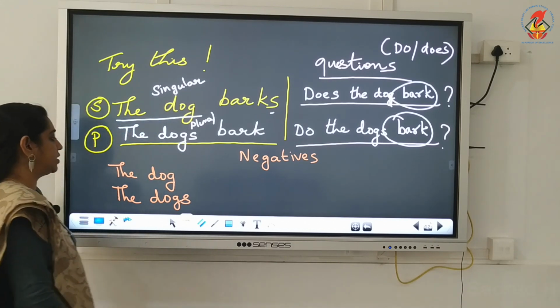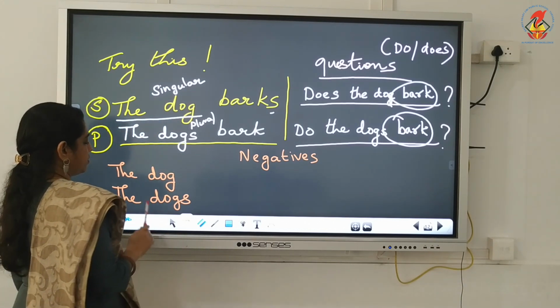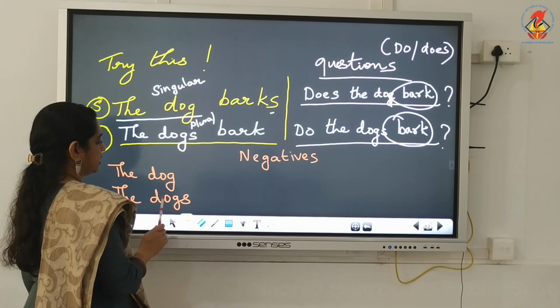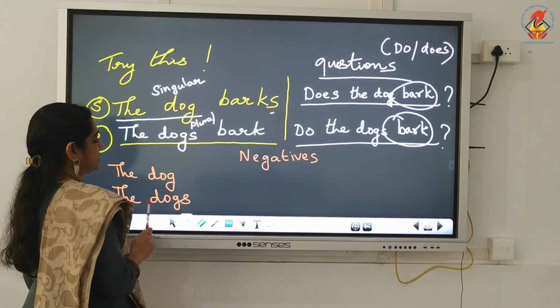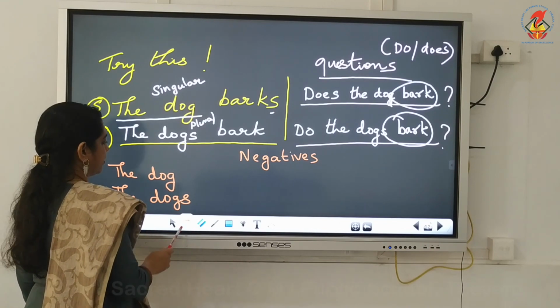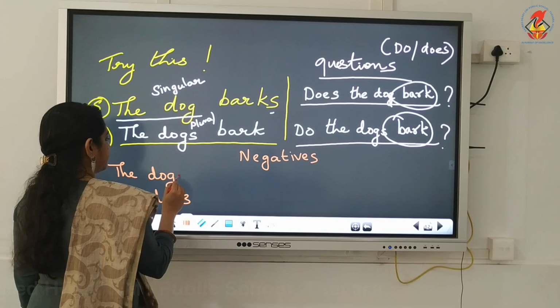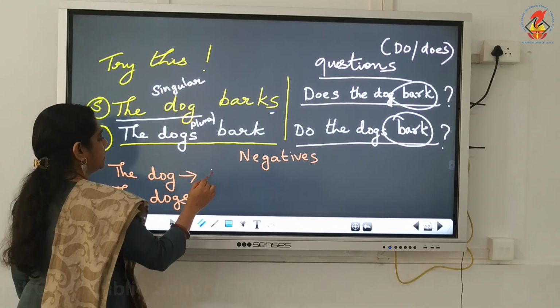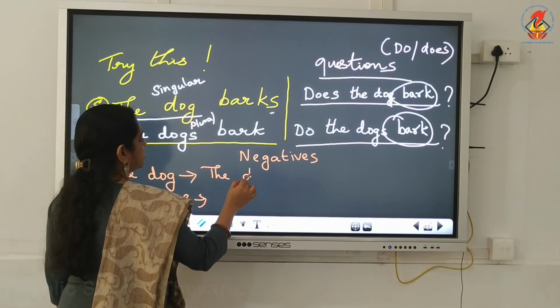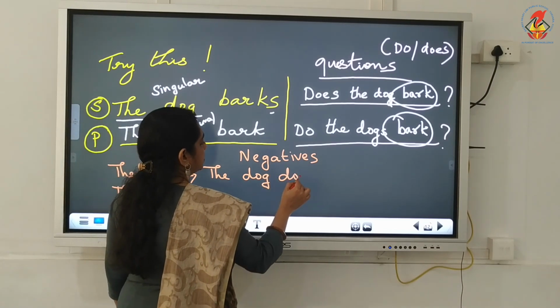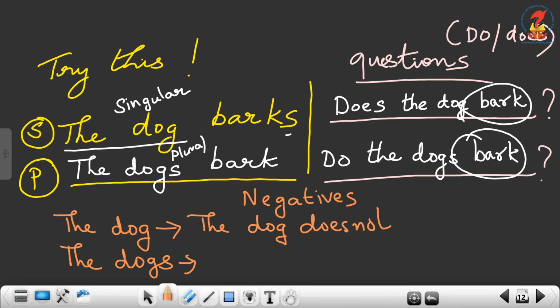There is no change. Now, how can you make this negative? The dog, the dogs, using does and do. How will you write? Let's see. Negative. How can you make it negative? The dog, singular, is it? So, does not bark. Here also I have used the original form of the verb.